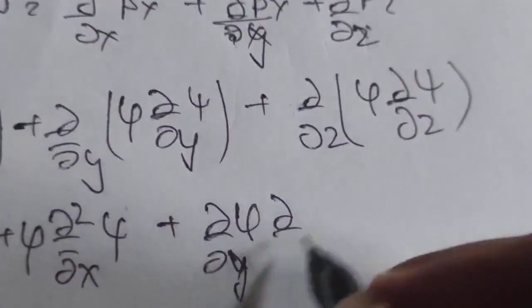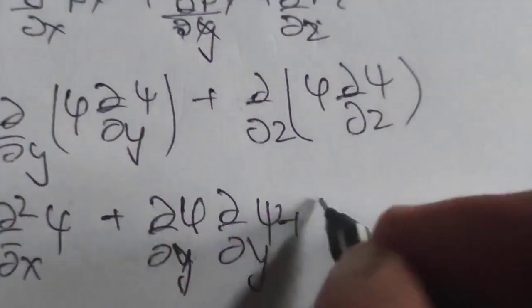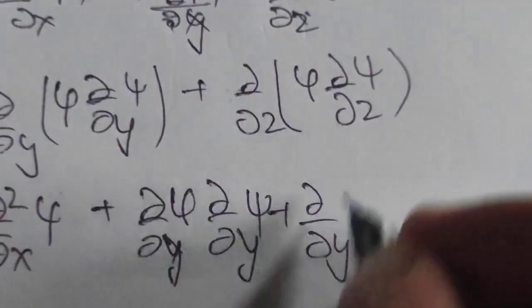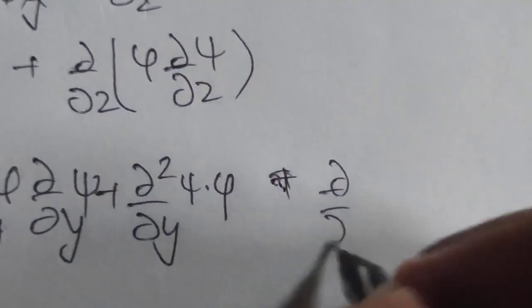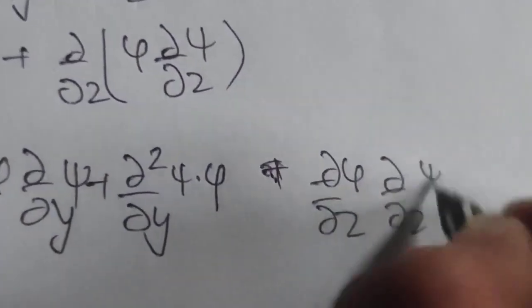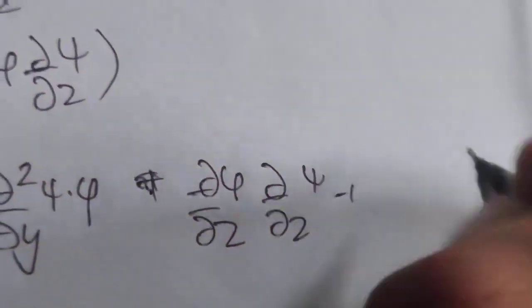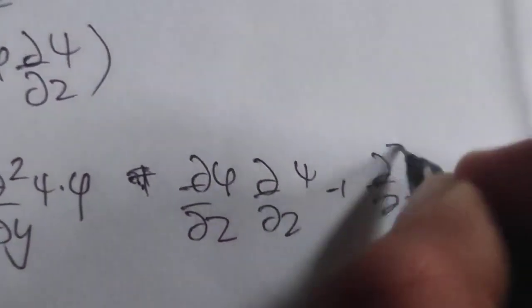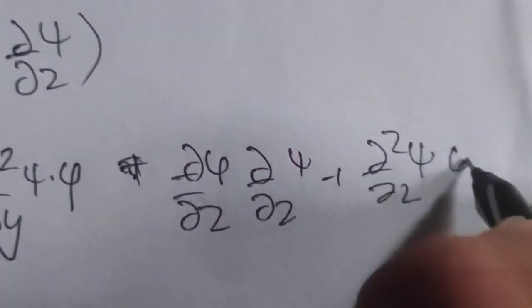This is del phi by del x times del psi by del x, and also plus phi del squared psi by del y squared plus del phi by del y times del psi by del y. We talk about the vector calculus in another video. Then for z, phi del squared psi by del z squared plus del phi by del z times del psi by del z.